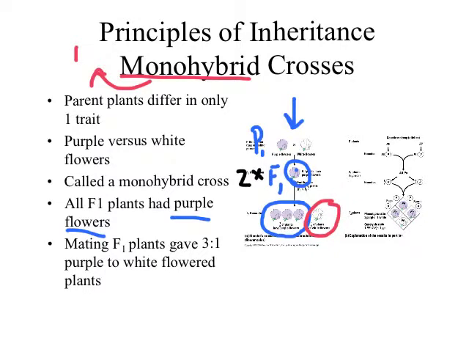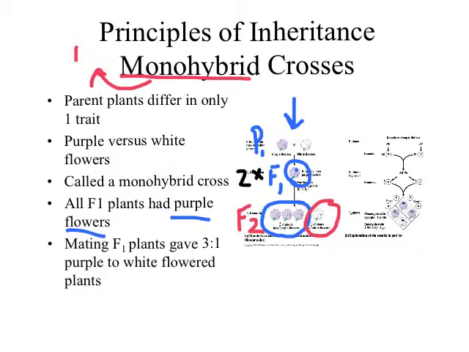So the white flower genetic material was there, and it came back in the second generation. So this is what we call our F2s. The genetic material never disappeared, but in our F1s, it sure seemed like it disappeared because all we had was purple flowers.